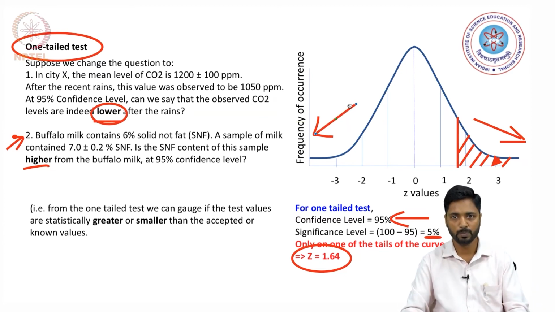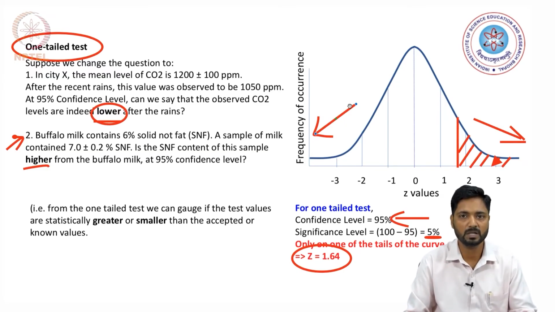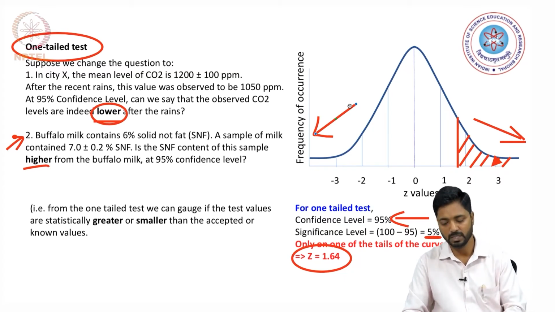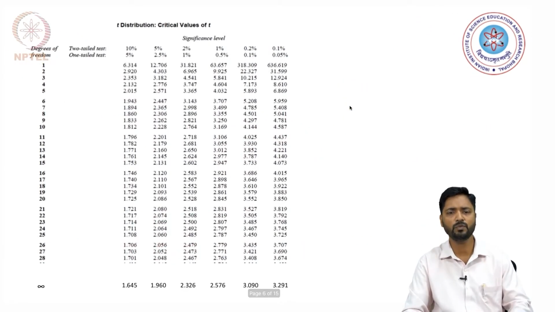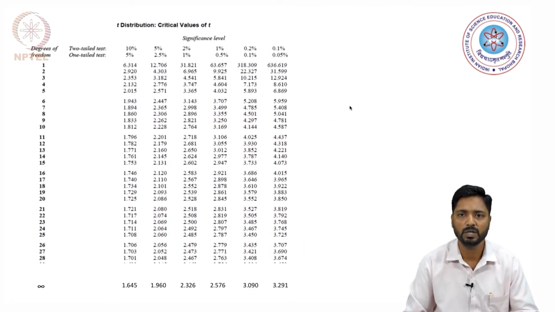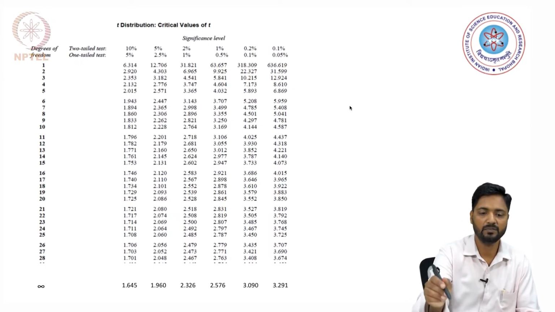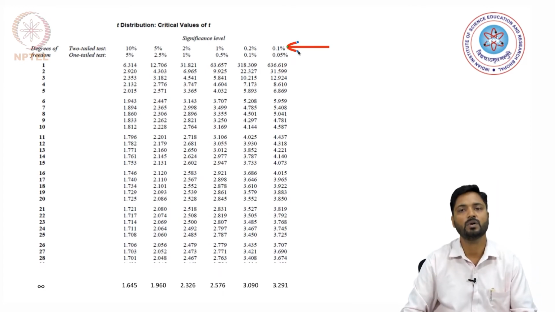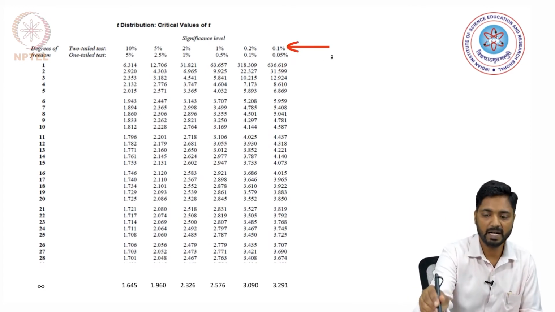So, I hope with these examples it is clear which of the two tests are to be employed and how is what we will see now. Before that I want to re-emphasize that our T tables already incorporate this point by giving us the significance levels for a two-tailed test and for a one-tailed test.